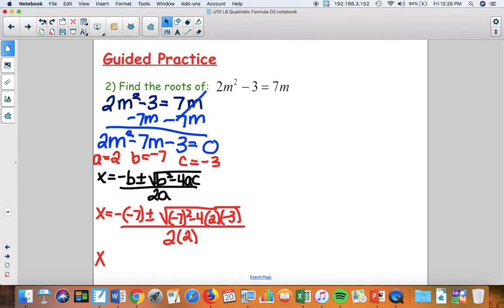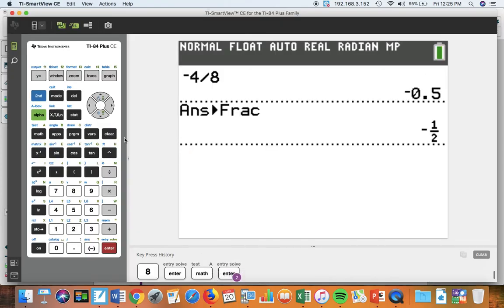Oops, so x equals, sorry about that. So the number that goes in that first position, so this one right here, we have to look at this. So negative 7 gives us a positive 7. 2 times 2 gives us 4 in the denominator. Now let's figure out what goes under the radical.